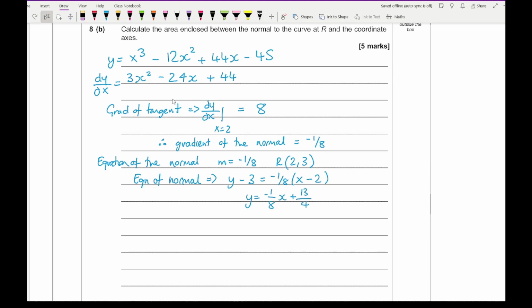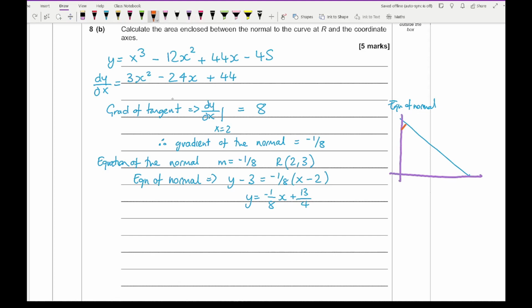Now, in terms of what I want to do, I know I've got the equation of a normal, which has a negative gradient, so it's going to look like this. So this is the equation of the normal. Now, I need to find out where it crosses both of the axes.